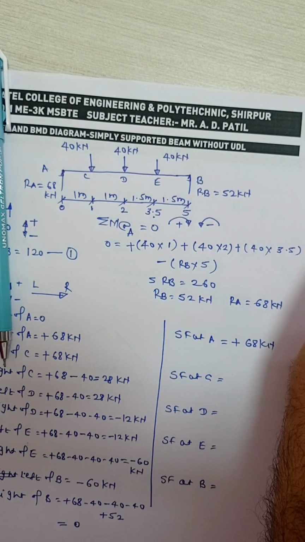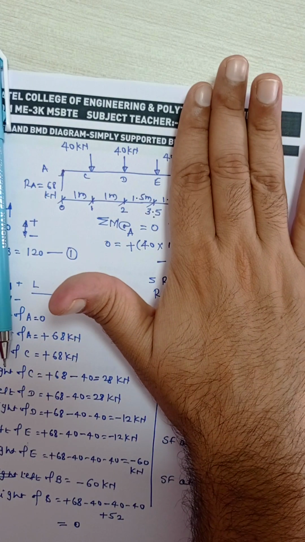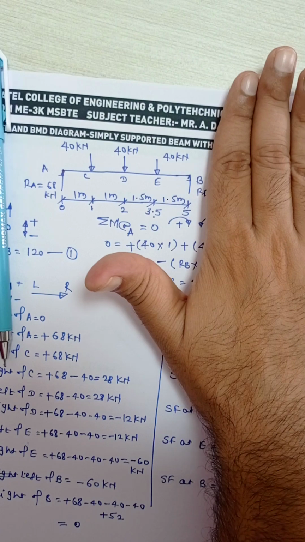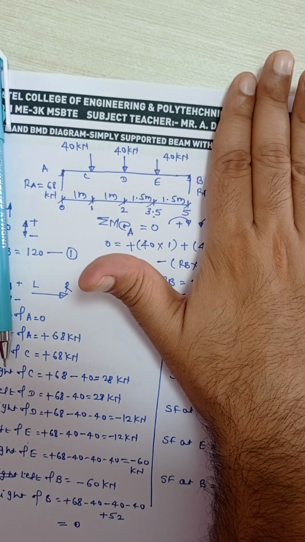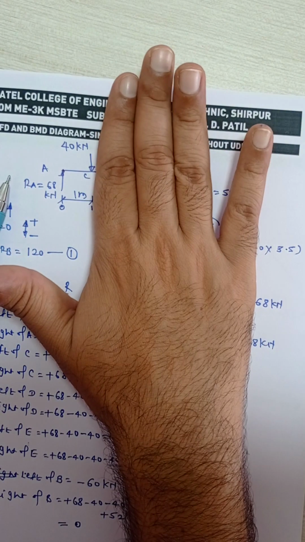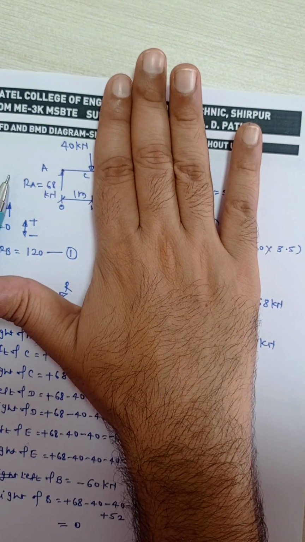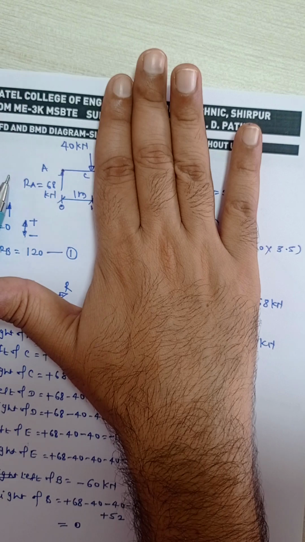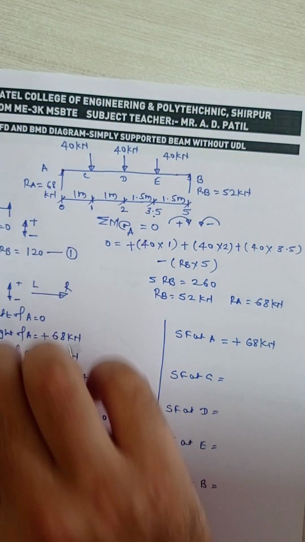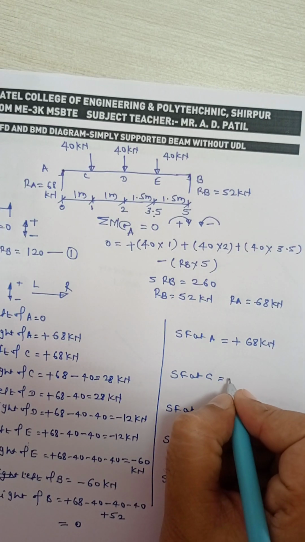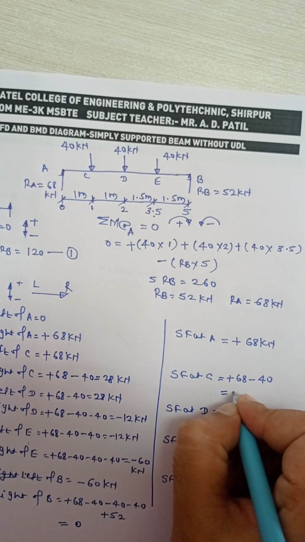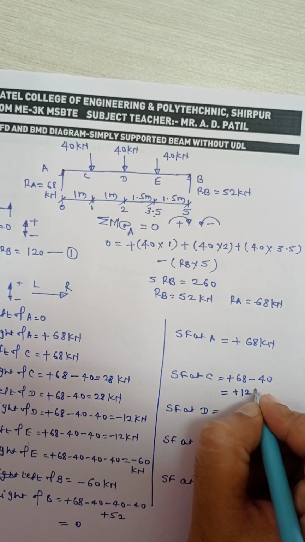SF at E means consider this much only, and SF at B means consider the whole beam. So SF at C means consider the forces up to point C only. So 68 kilonewton going upward and 40 kilonewton going downward. So plus 68 minus 40 equals plus 28.